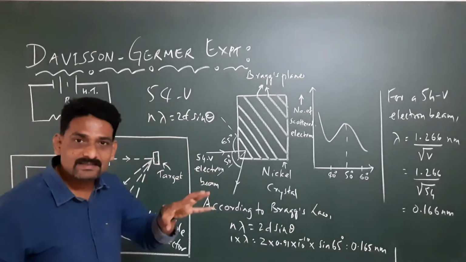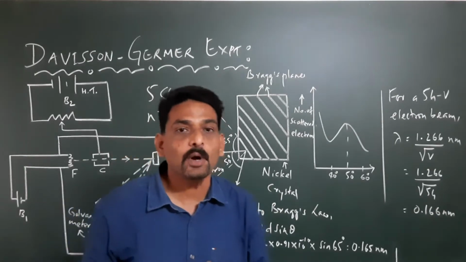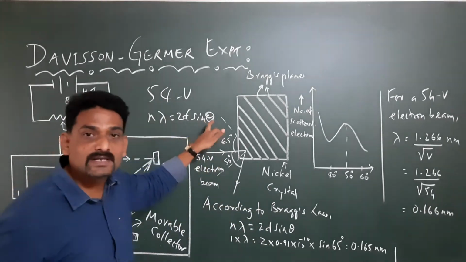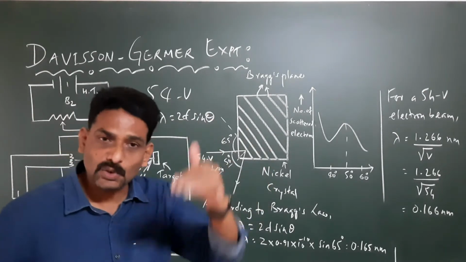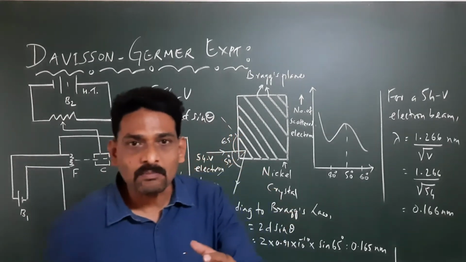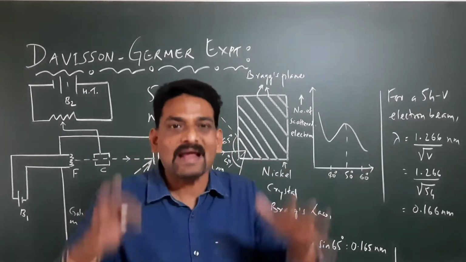As per Bragg's law, the incident X-ray beam will undergo Bragg's diffraction whenever the condition n lambda equals 2d sin theta is met. When it undergoes Bragg's diffraction, we observe a maximum intensity in the scattered beam. That is Bragg's law.